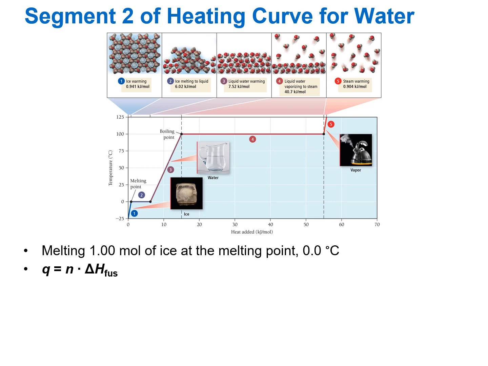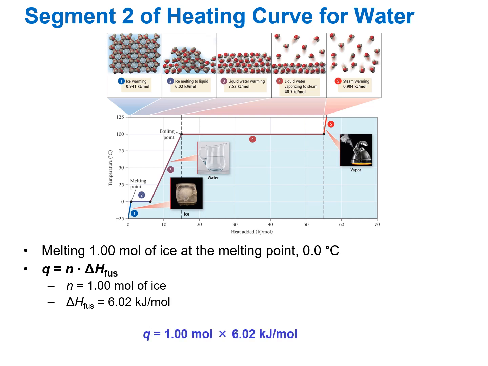We take the moles of ice, 1 mole, and we look at a chart and find the heat of fusion, which is 6.02 kilojoules per mole of ice. We just plug that into our formula, and we can see that it takes 6.02 kilojoules of heat to melt 1 mole of ice at 0 degrees Celsius.